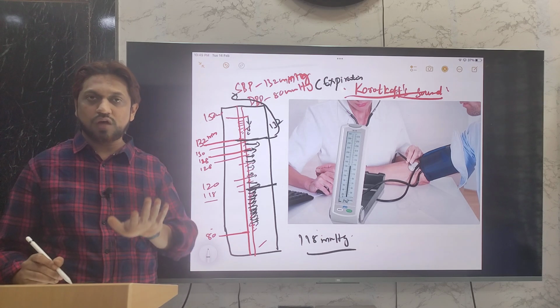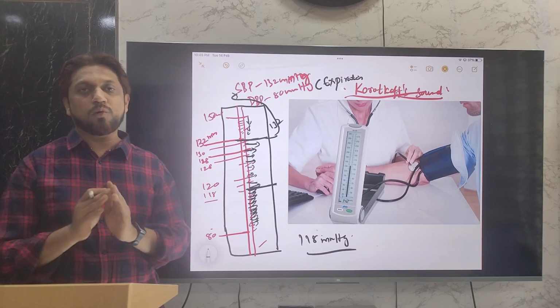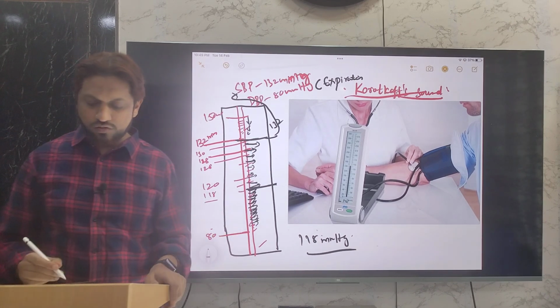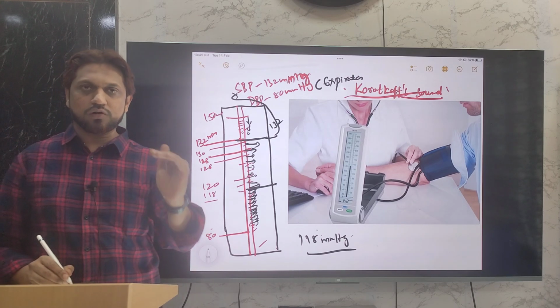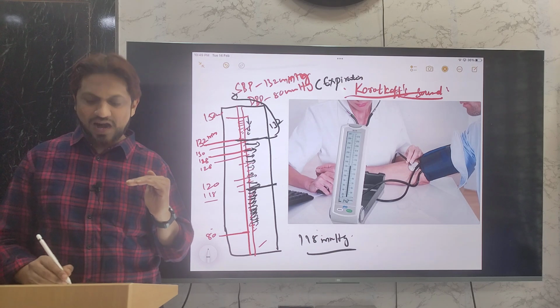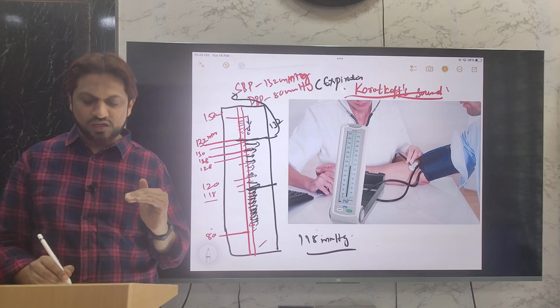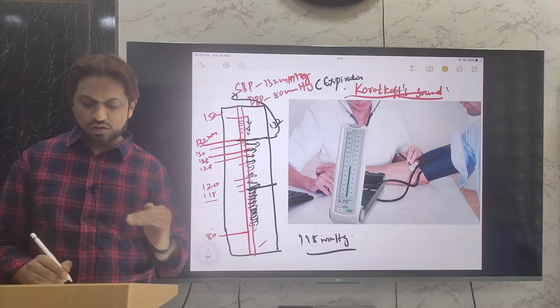That means the Korotkov sound is audible on auscultation during both phases. When it reaches 118 millimeter, it will be a continuous sound, tuck tuck tuck tuck.